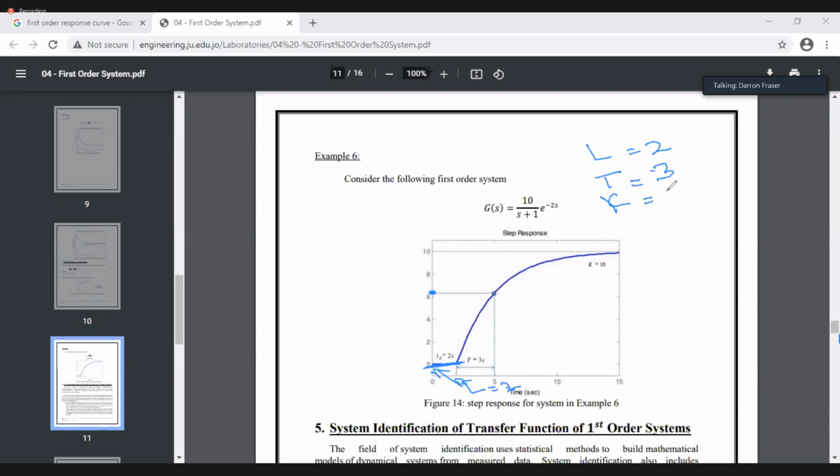Although we don't need K in this particular scenario. So we have L, so you can look at the curve, work out 63%, and then just look at the graph and work out the time. Based on that, L equals 2, T equals 3, K equals 10.